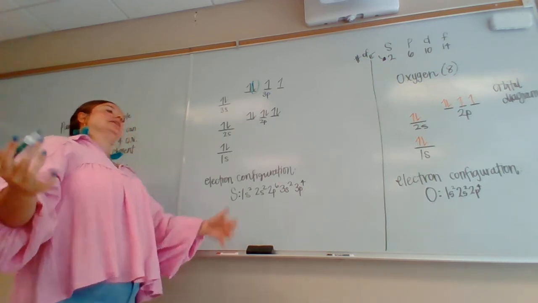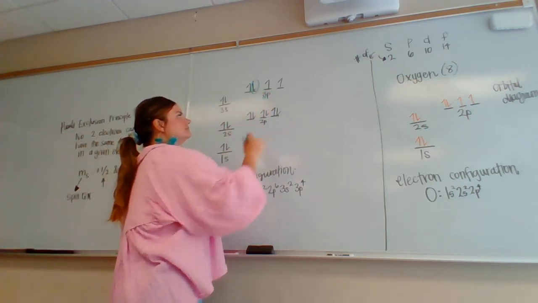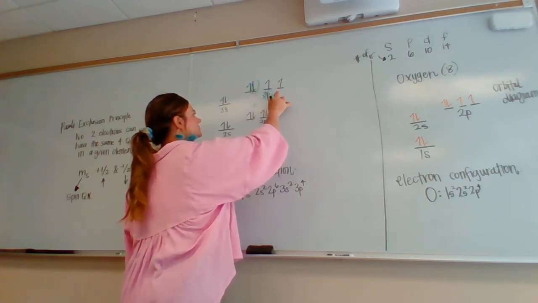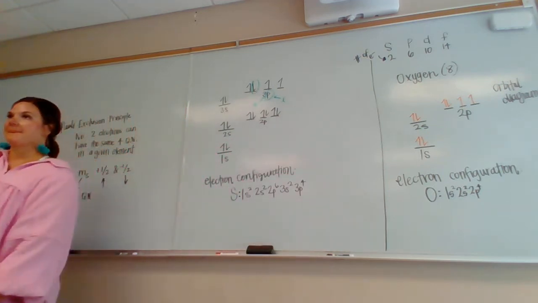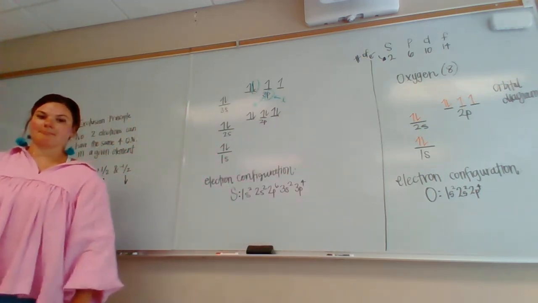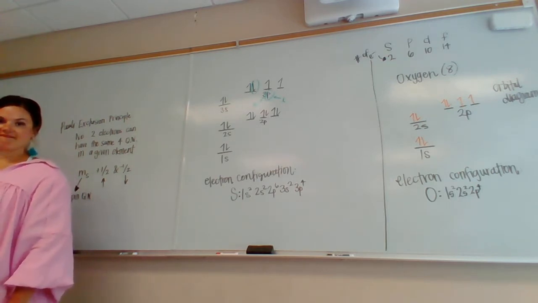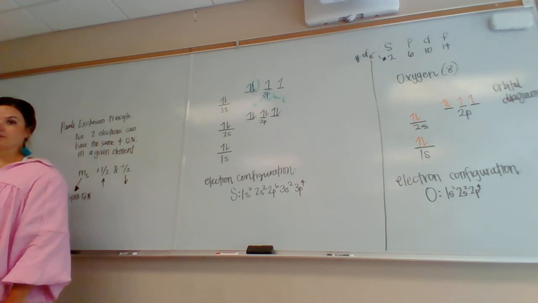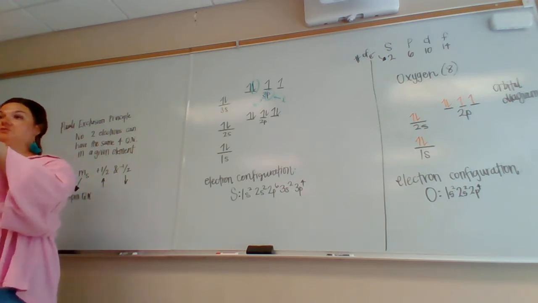How do I get that? Your N is right there. Your L is right there. And you would just do the down spin, but we've got to do the M sub L first.